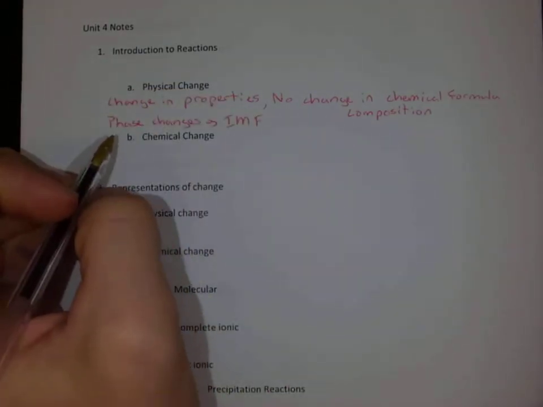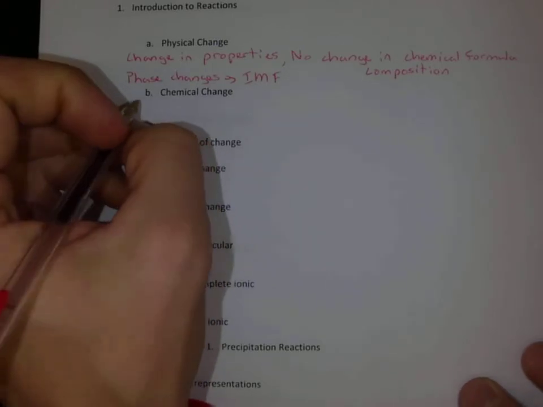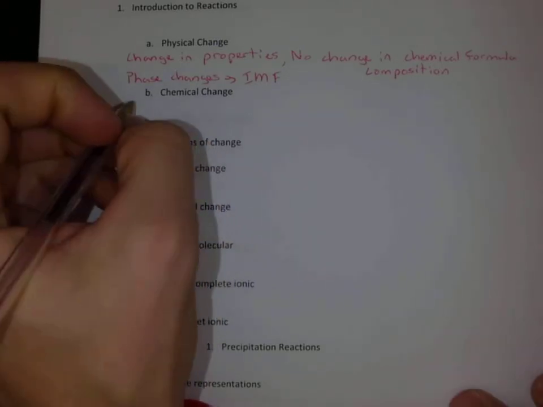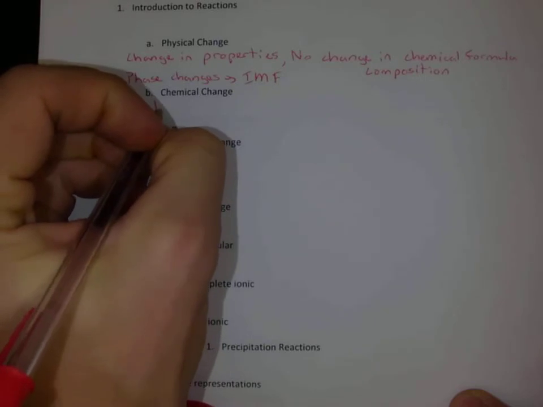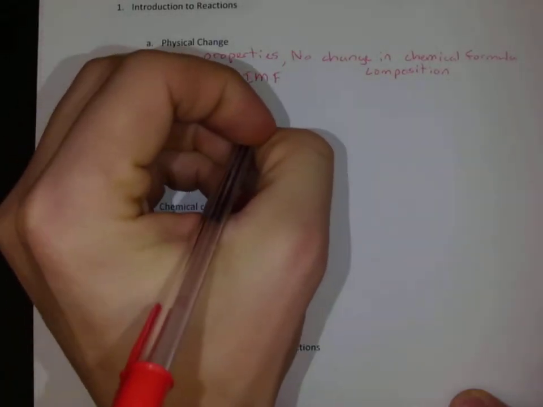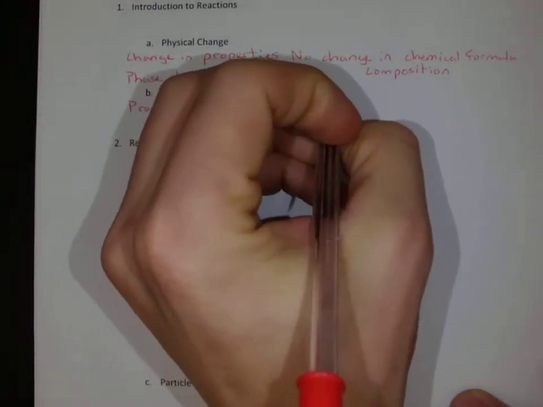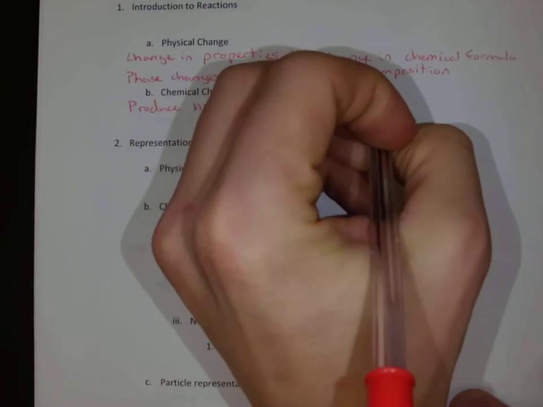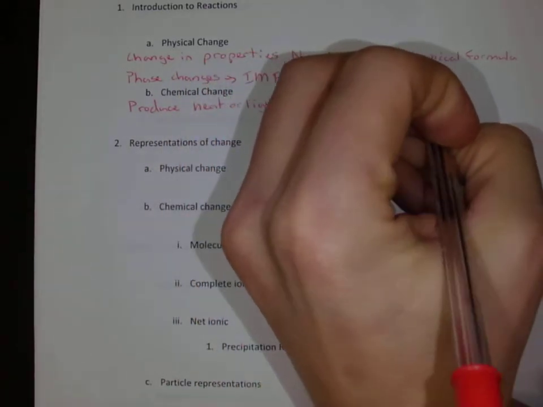Okay? Our chemical changes, right? Our chemical changes, we have lots of different indicators for our chemical change. We could produce heat or light. We could have the formation of gas. Right? Or a solid.